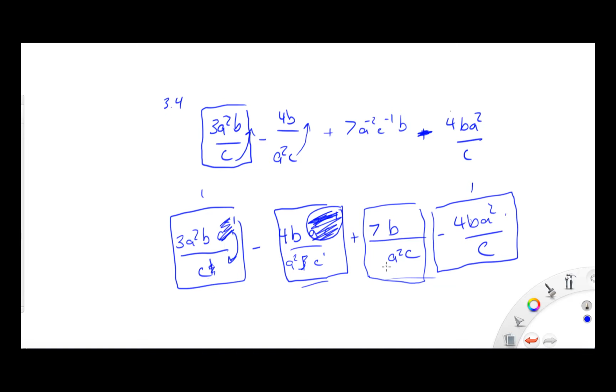And if we do, we have a negative 4ba squared and a positive 3, so we just have b a squared over c, okay? Takes care of this one and this one. And then here's a negative 4b and a positive 7b, so we have plus 3b over a squared c. Okay.